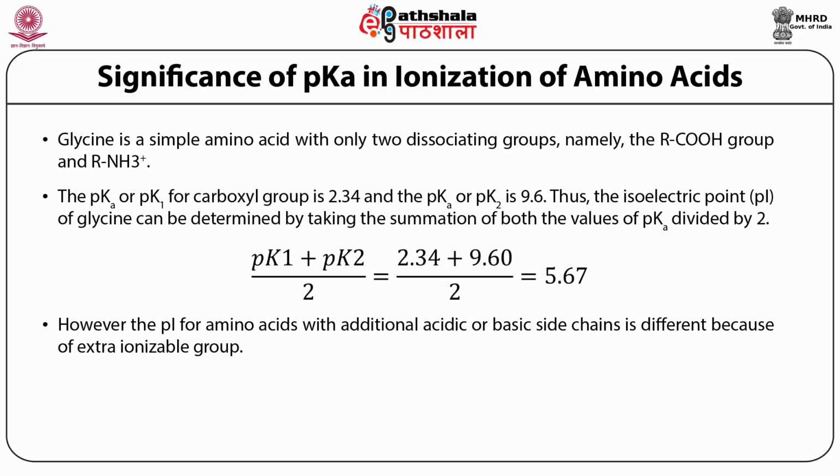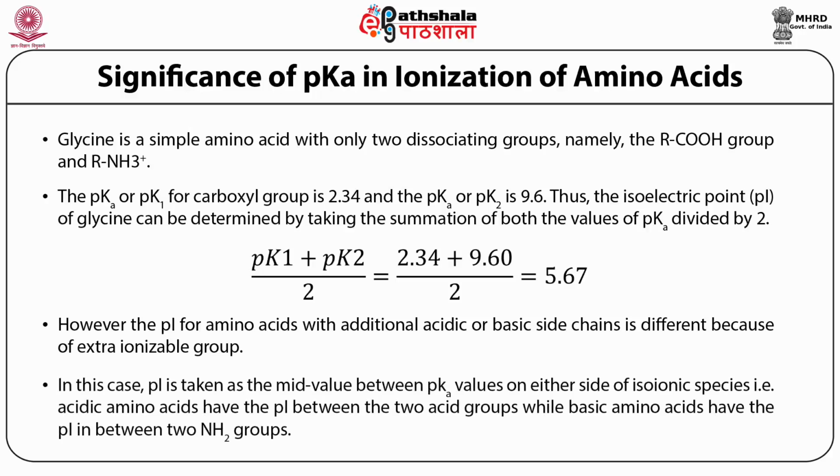But when you are talking about an amino acid which has a side chain ionizable group, in that case pI is taken as the mid value between the pK of the like-charged groups. For example, in the case of acidic amino acids like aspartic acid and glutamic acid, the pI is the average of the two acidic groups: the average of alpha COOH and beta COOH in aspartic acid, or alpha COOH and gamma COOH in glutamic acid.